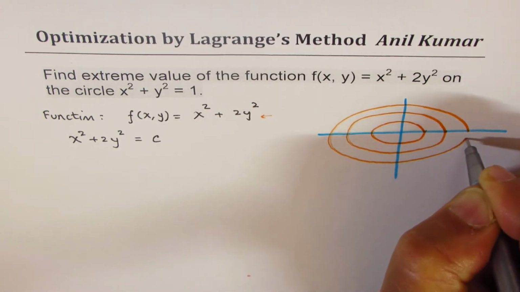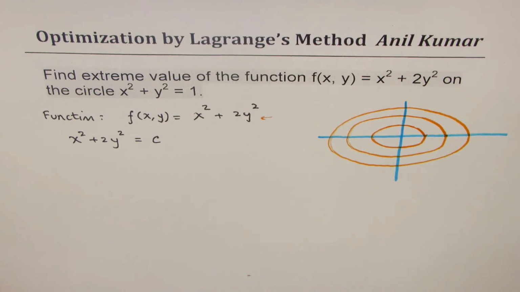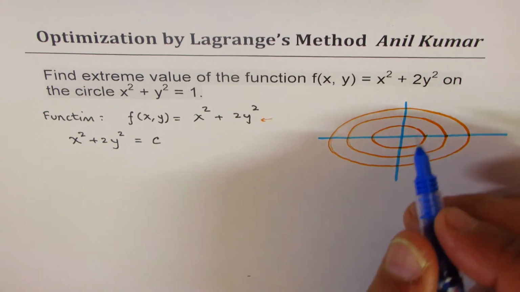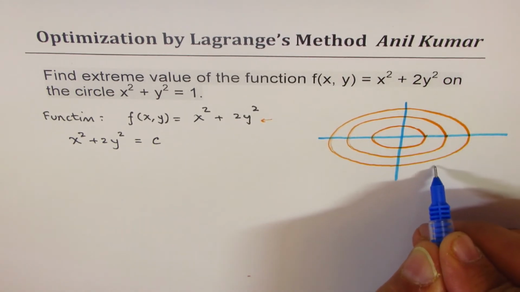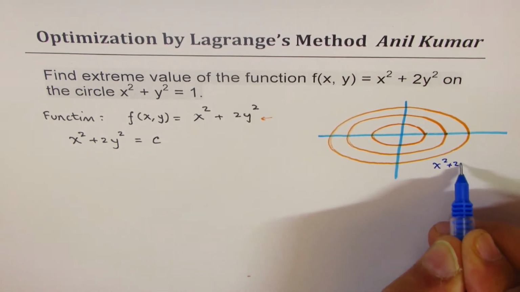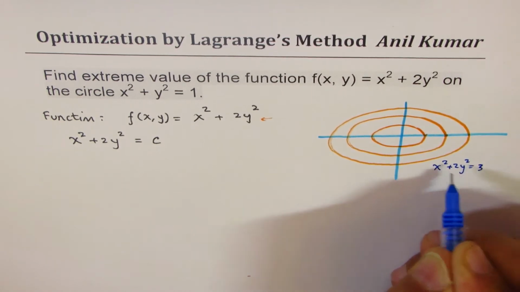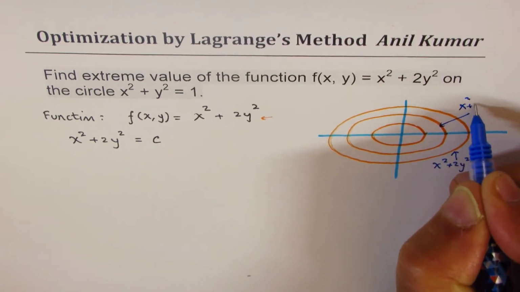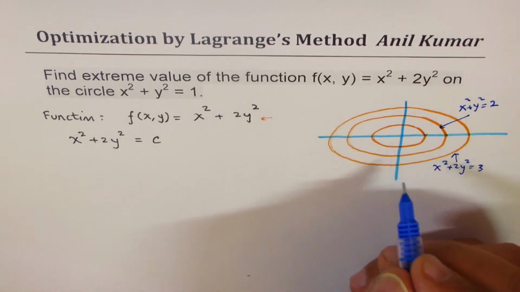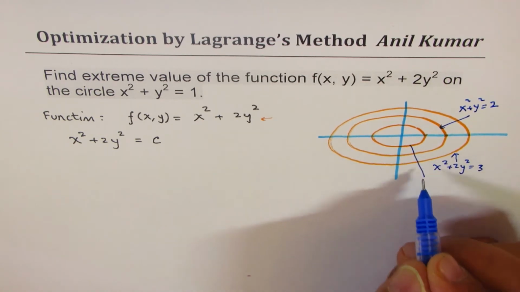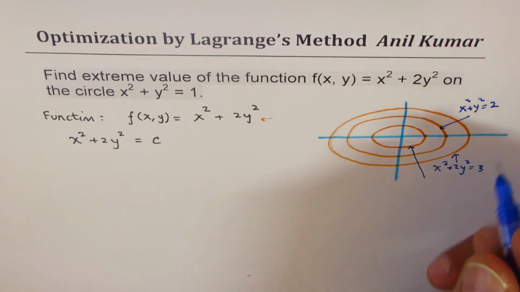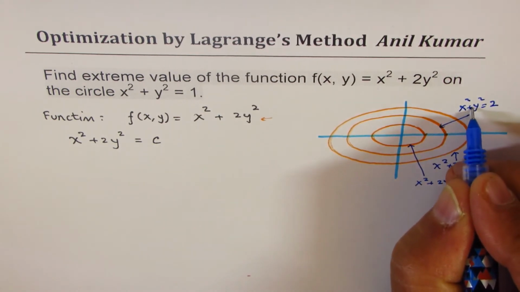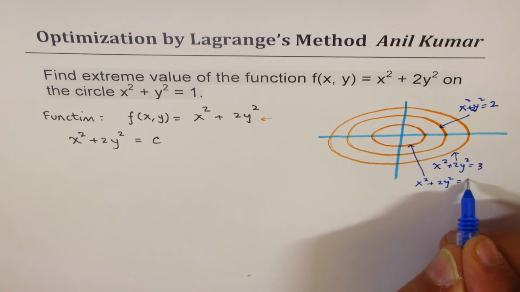Okay. So this gives you a fairly good idea of what we are trying to do. So what I've drawn here, you can say this is x squared plus 2y squared equals 3, this curve, right? This could be x squared plus 2y squared equals 2, and this could be x squared plus 2y squared equals 1, right?